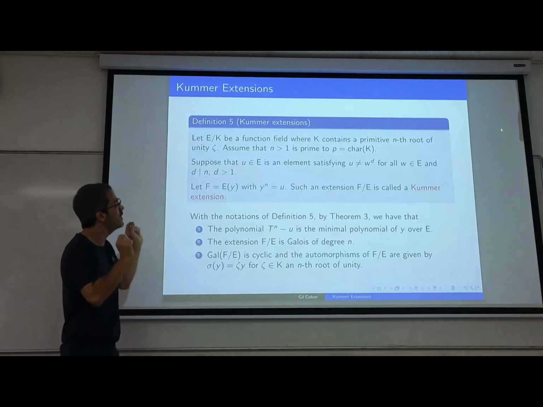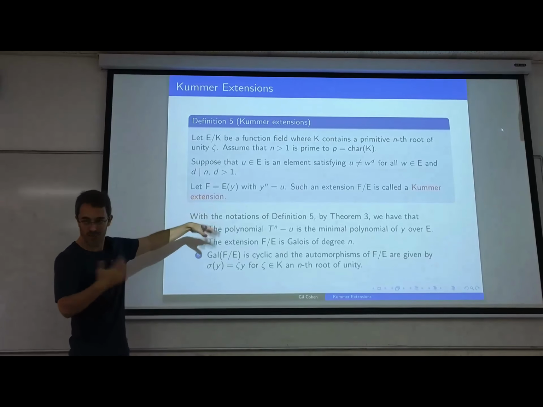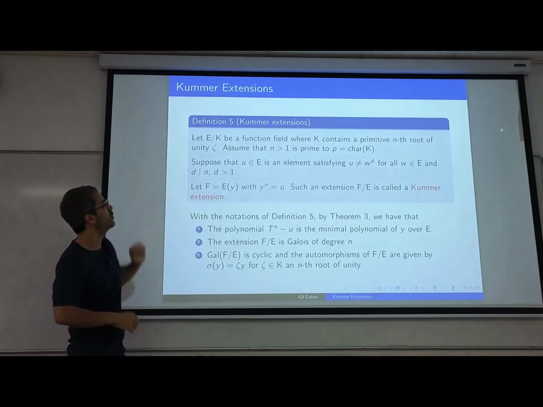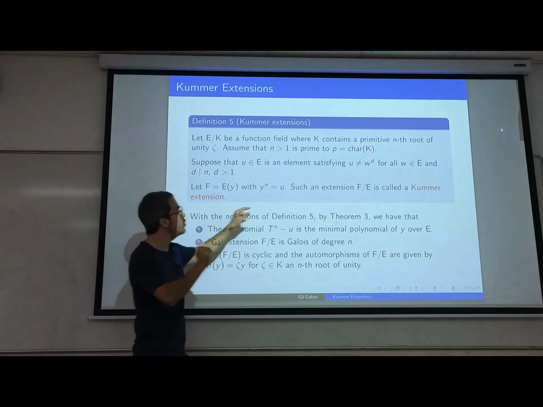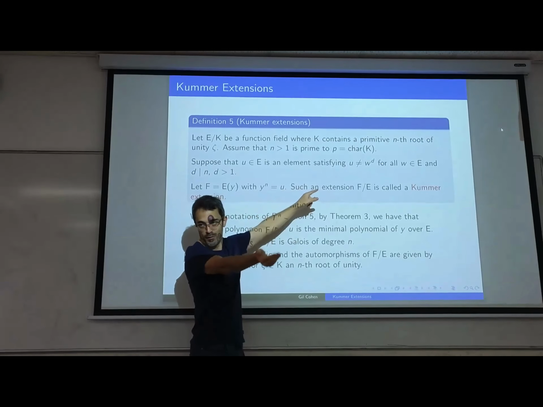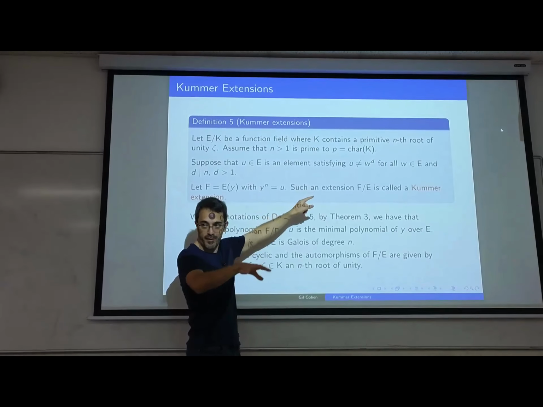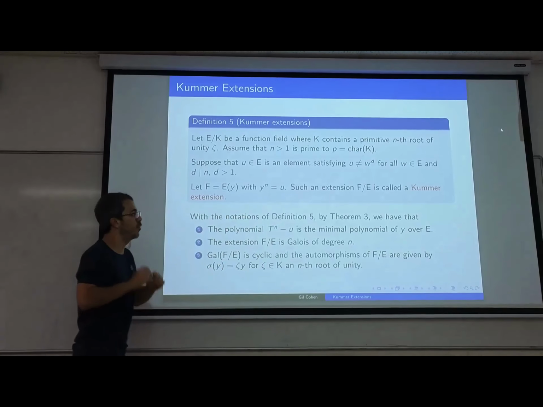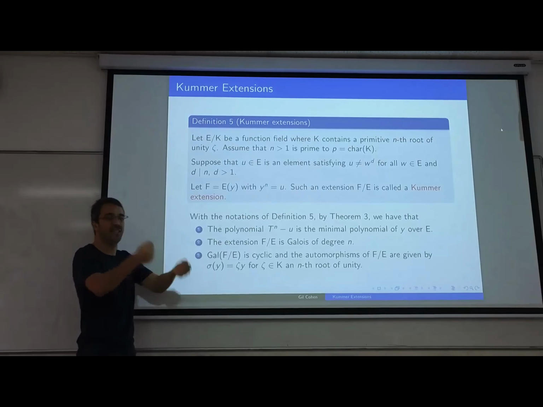Now, the only thing you have to worry about, in order for the theorem to hold and for the definition to be precise, is that your u shouldn't already be a power of something else in the original field, for a power that divides n. For example, if I want to take a sixth root of some element, I just want to make sure it's not already a second or third power of some element, because then I should take the second or third root, not the sixth. I want kind of a primitive element, in a sense.